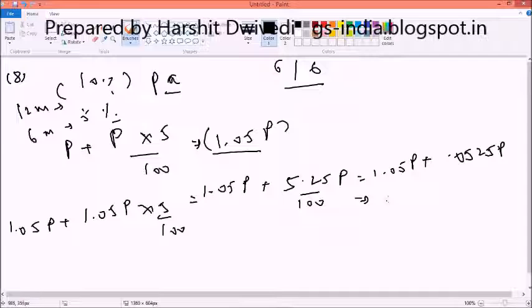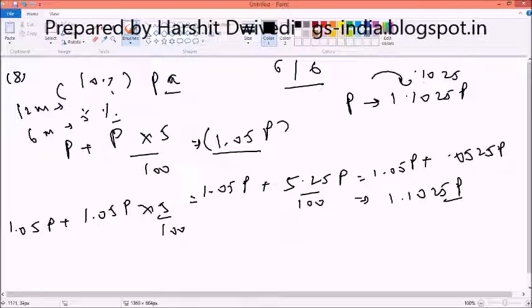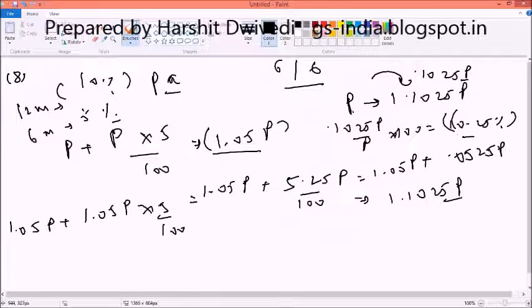When you add this, you will get 1.1025P. So this has increased from P to 1.1025P. There is an increase of 0.1025P with respect to P. So the percentage increase will be 0.1025P upon P into 100, that is 10.25%. This is the effective increase.